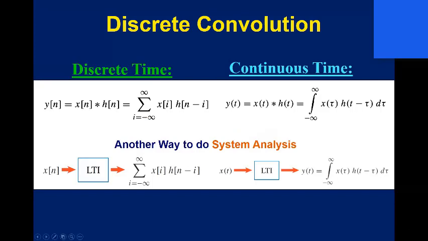And so that's really the motivation for why we're trying to do this. Just as in the continuous time domain, one method that we had for finding the output of a linear time invariant system was through the convolution integral that related the input and the impulse response of the system to the output, as long as the system was relaxed.